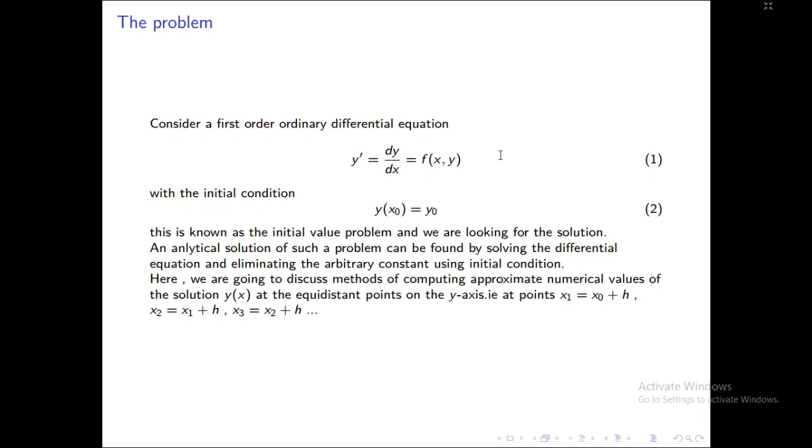This kind of problem is known as an initial value problem, and we are looking for a solution. We know how to calculate an analytical solution for such a problem.